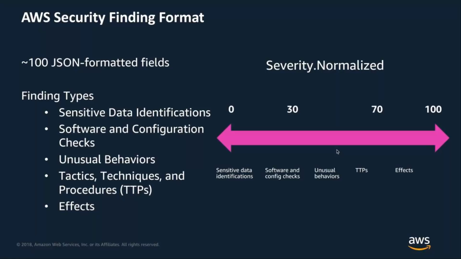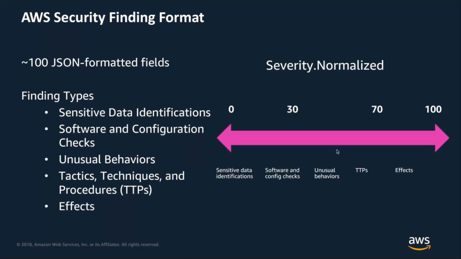This gives you, the analysts, a really easy way of organizing your insights, your correlation rules. So if you want to see all of the TTPs, the tactics, techniques, and procedures associated with different partner AWS security solutions, we've already done that organization by working with partners to properly classify their findings.